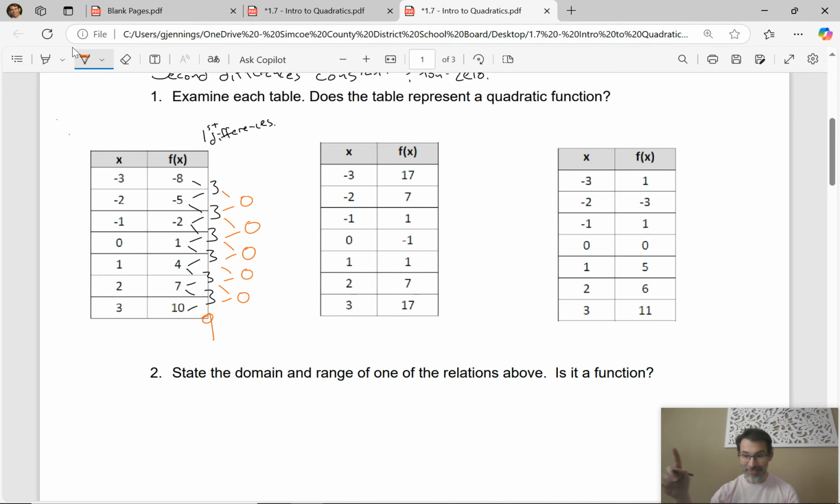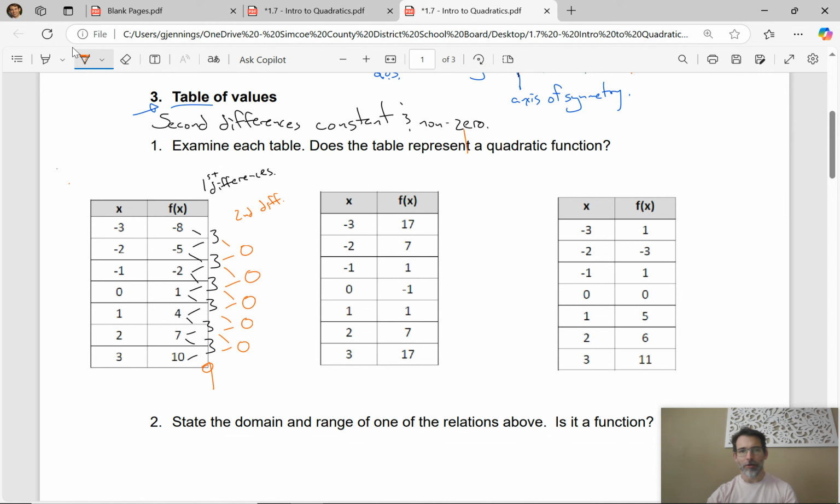The rate itself never changed. So these are second differences. And they're constant, but they're 0. So this function is linear. A linear function has constant first differences, which are non-zero, unless it's a horizontal line.